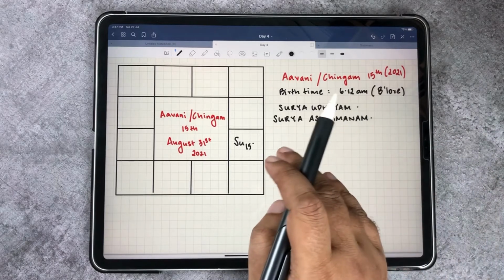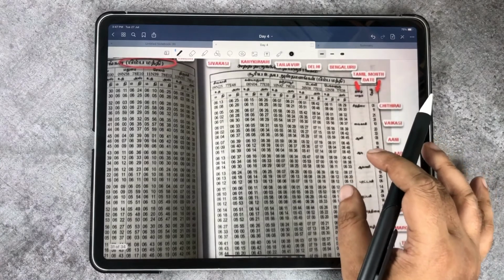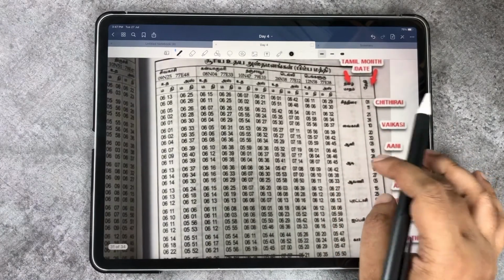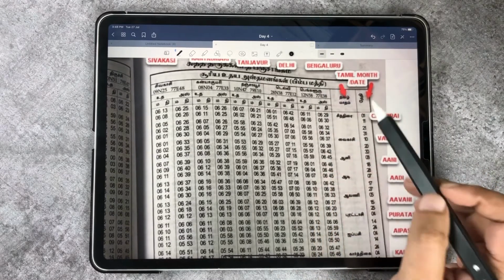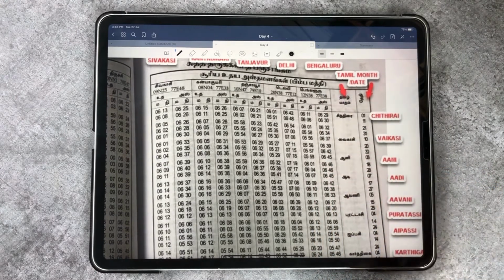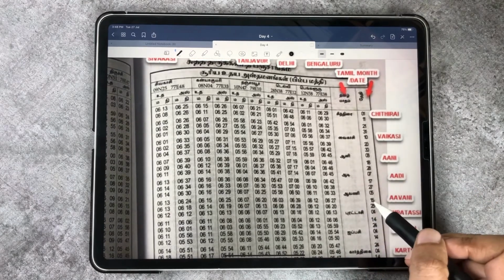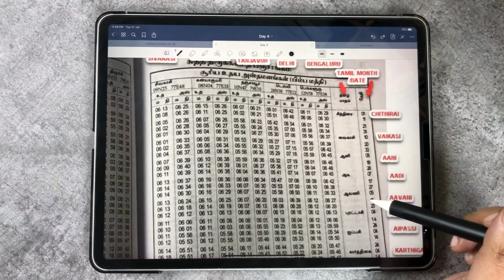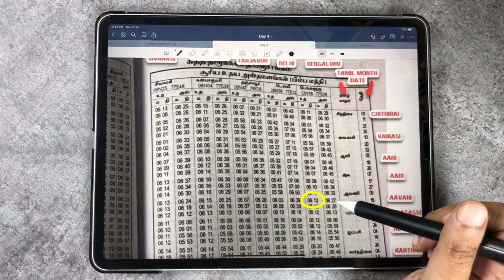So let's get back to the table. So here I'm enlarging this for you. So here we have Bengaluru, the Tamil month and the corresponding date. We have the month of Avani here. We need it for the 15th. So for the 15th, we have the Surya Udayam as 6:12 a.m. in the morning and the Surya Astamanam as 6:27 or 18 hours 27 minutes in the evening.